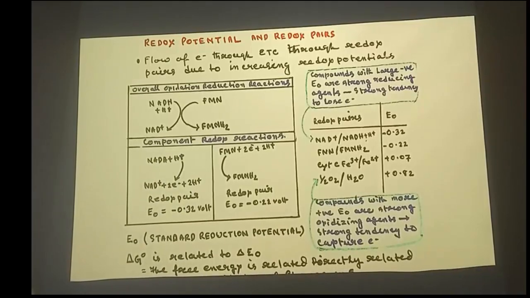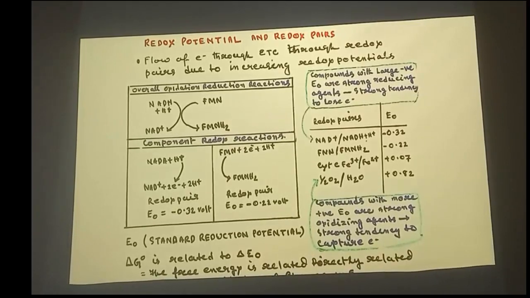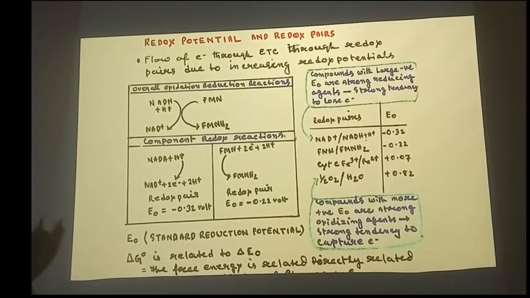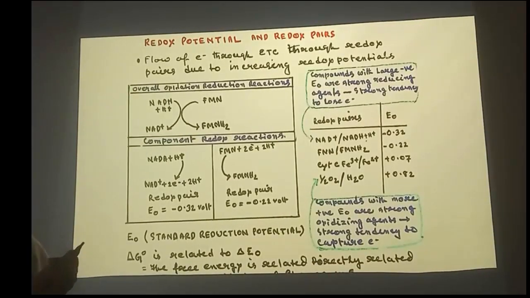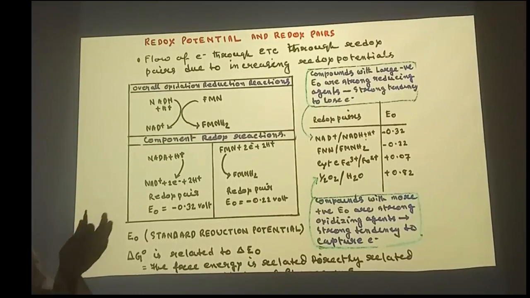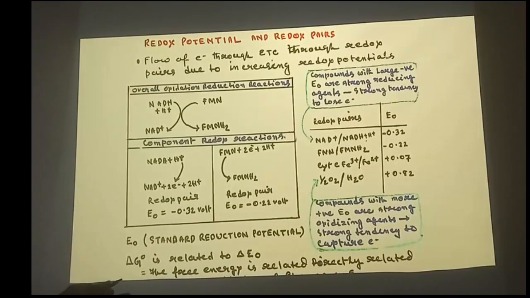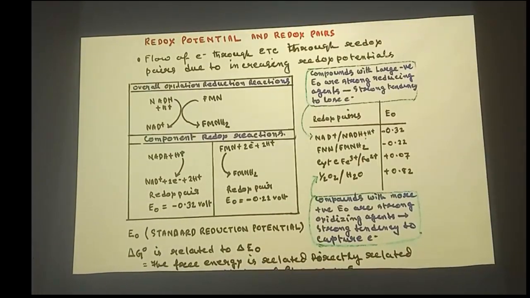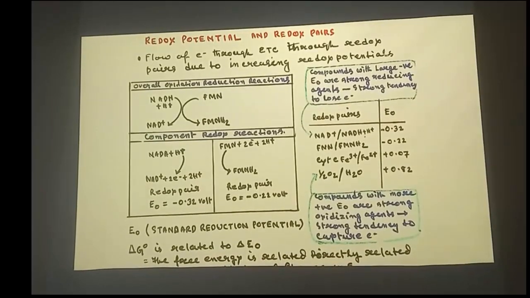The complexes are arranged in increasing redox potential. That's why oxygen at one end has the highest redox potential, and at the other end NAD has the lowest redox potential. That's why the electron is transported through the electron transport chain, and that gives us energy.